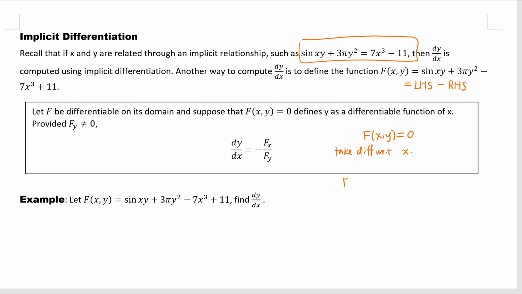So that is partial f partial x times dx/dx plus partial f partial y times dy/dx. This is different from just taking the partial derivative with respect to x.